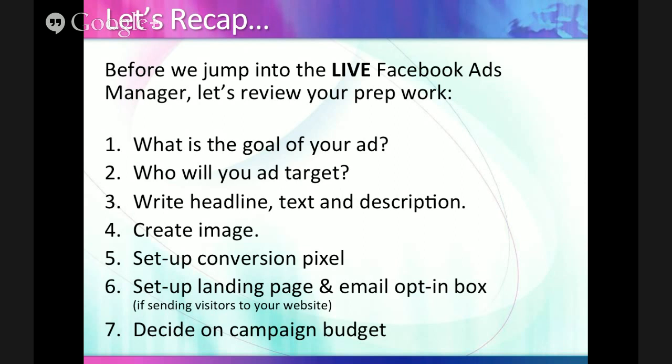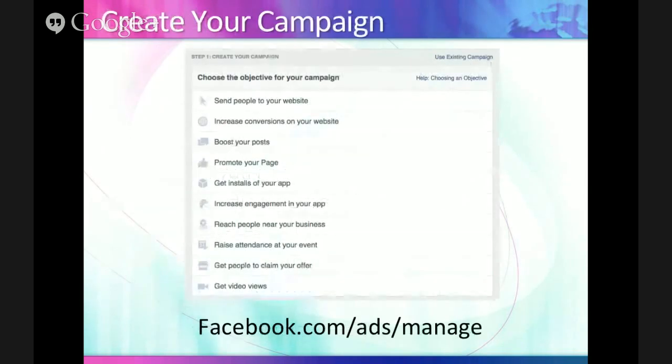And then decide on your campaign budget. Try really hard to decide what can you spend on an ad in a month or in a week. And when you create your ad, you have the option of a daily budget or a lifetime budget. So you want to kind of figure out which one you want to go with. So now here comes the fun part.